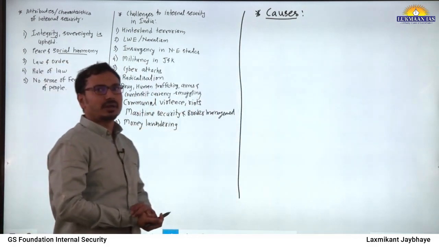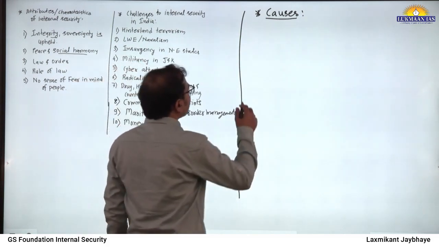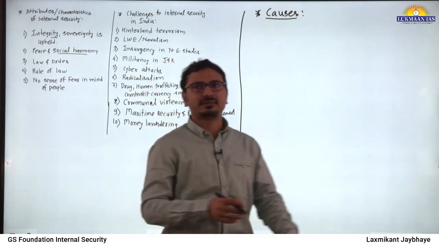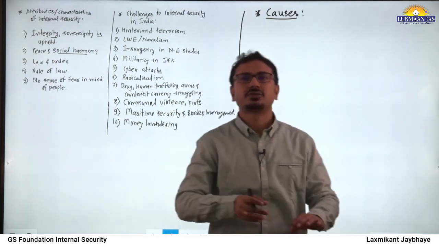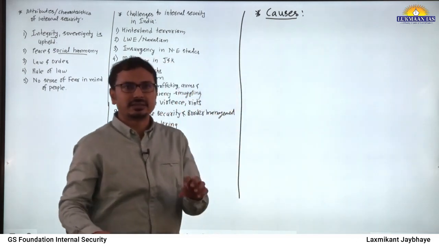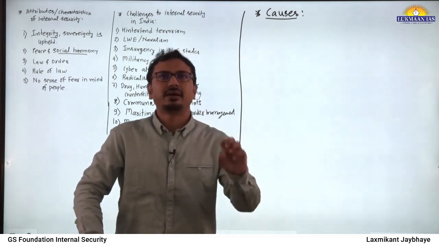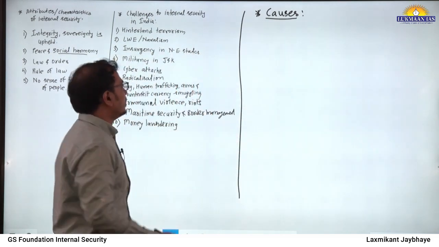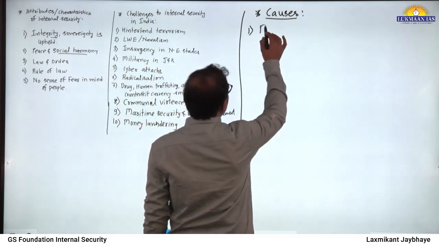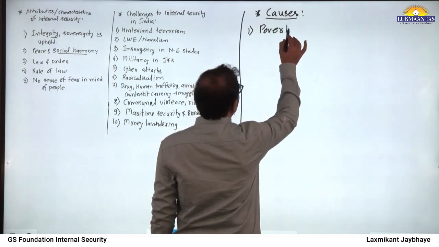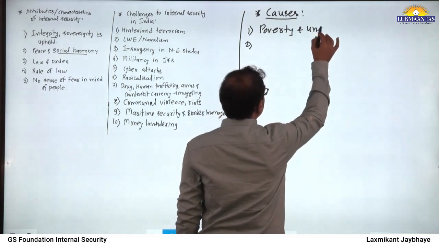Hinterland terrorism means terrorist activities carried out throughout India, throughout the country. That is called hinterland. It is not located in a specific area or carried out in a particular area. Simply we should write about poverty and unemployment.